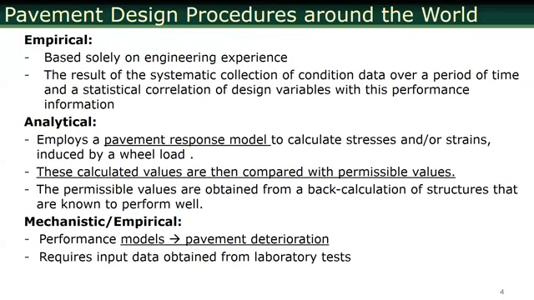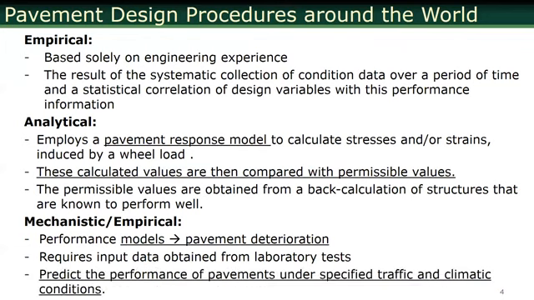Now, in this case, mechanistic empirical approaches require input data obtained from laboratory tests. So you have to come up with some kind of a database of laboratory tests on asphalt mixtures, soils, whatever the materials you're going to use. You need to have a database of materials, and you need to use that information to design the roads.